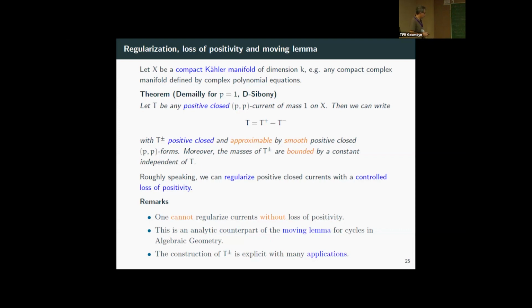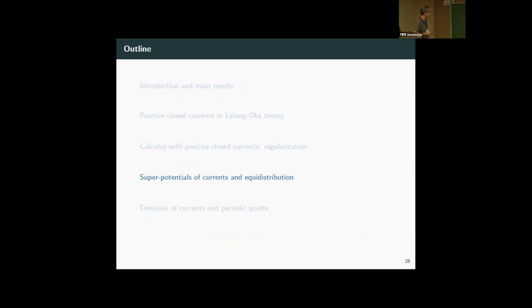You cannot avoid it. So it's like a moving lemma in algebraic geometry. And actually T plus and T minus, you can construct them explicitly, and this is actually important for applications. Okay, so we can regularize them. So it's useful for computation with positive closed currents.